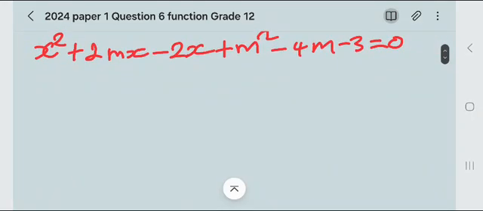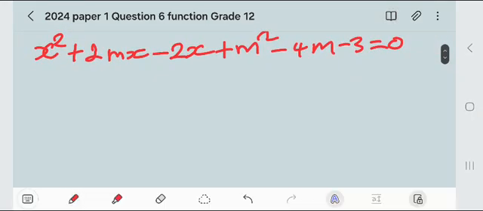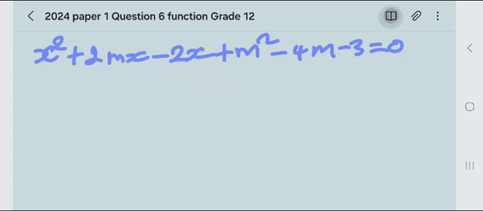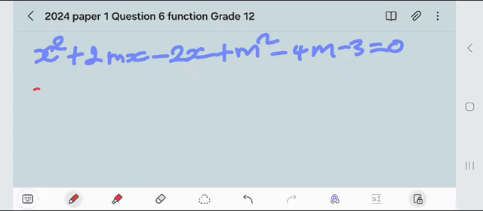Right, this is what you'll have. So we have here x squared. But if you check here, we have something that is common.